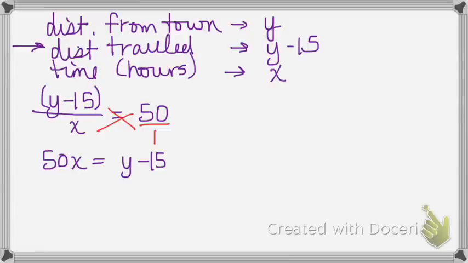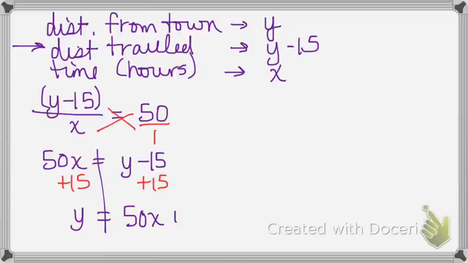So if I add 15 to both sides, then I get a new equivalent equation that would be, I'm going to flip-flop them around, y is equal to 50x plus 15.